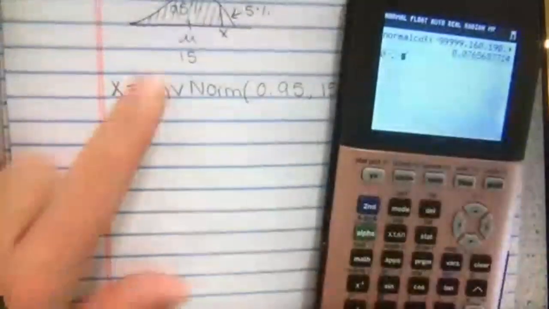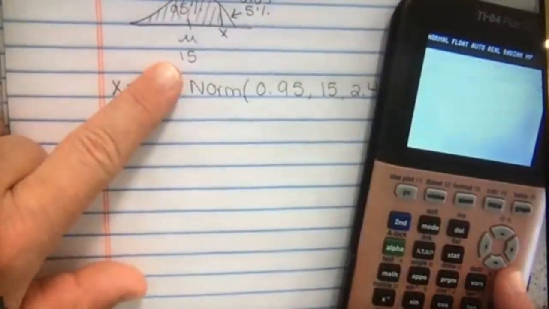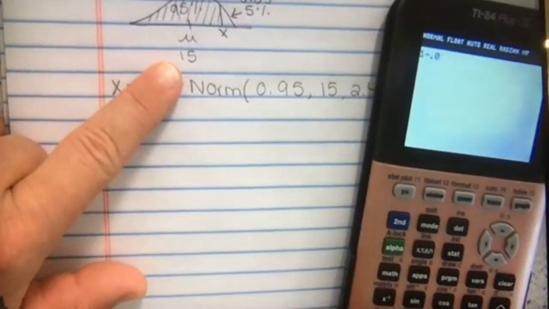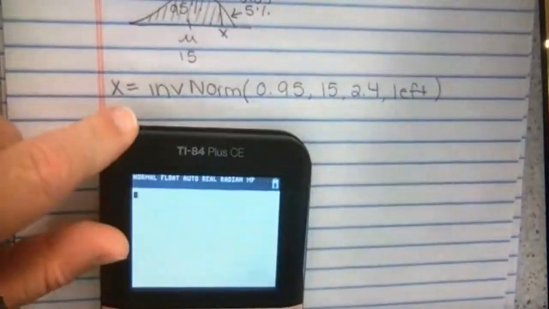So this is saying our maximum of 5%. That's why our right tail is 5%. That means our left tail is 1 minus 5%. Remember, 5% is 0.05. So 1 minus 0.05 is 0.95. So that's how I got that there.